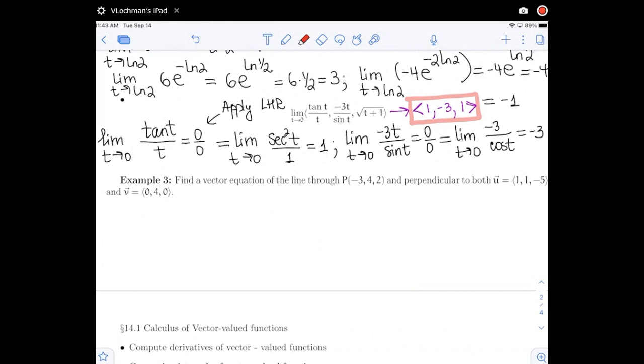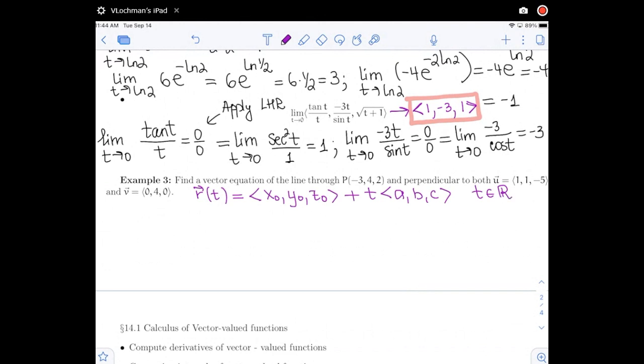So find an equation. Which means, what is our general equation? It's not a bad idea, before you start working through the problem, to set up the general equation. Your answer should have this form right here: initial vector x null, y null, z null, plus some sort of direction, t times the direction vector a, b, c, and t is a real number.